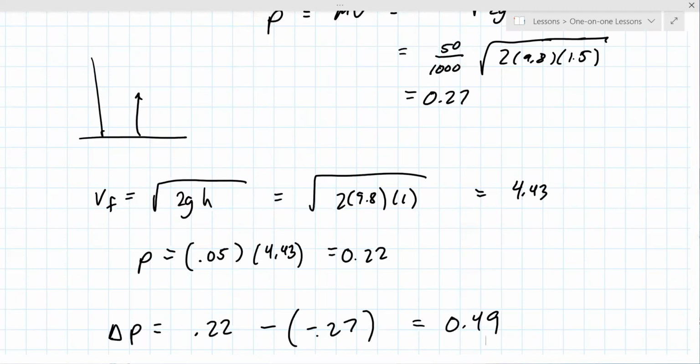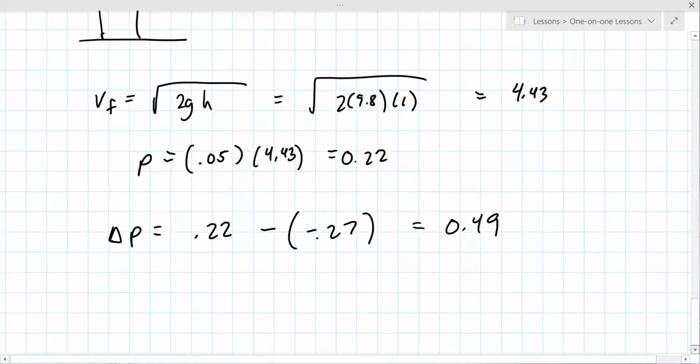So 0.49. Should I plug that in? Yes, try that. Correct.